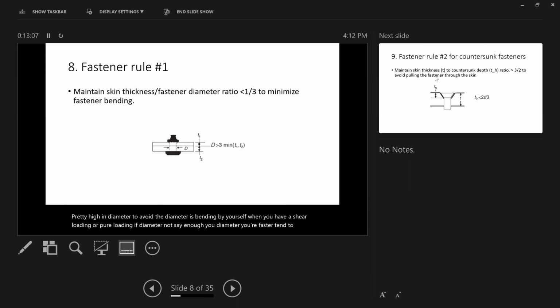If you make it thick and clamp it down, pre-torque it and put some force, you apply a pretty uniform compression along the free edge. That's what you want to achieve. What you don't want is a very small diameter. Under loading, the fastener itself will bend in a curve, which causes you to lose compression on one side, things like that. So rule number one: make the diameter of the fastener big compared to the thickness.